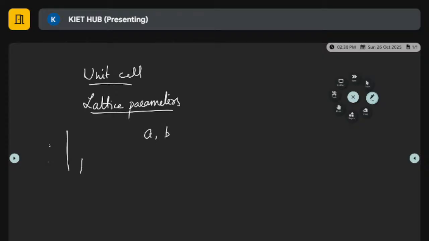A, B, C and alpha, beta, gamma. These are called lattice parameters.